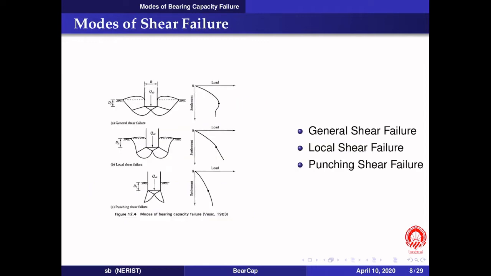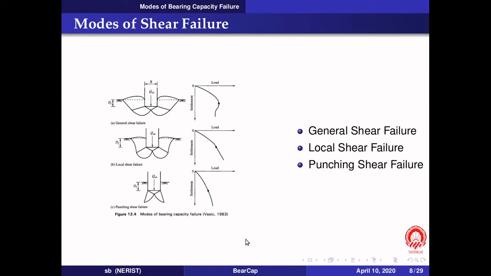Now the bearing capacity of a shallow foundation: usually when we talk of bearing capacity, I told you already that we refer to the shear failure criterion. So it depends on how the shear failure takes place below the footing, how the soil fails in shear.